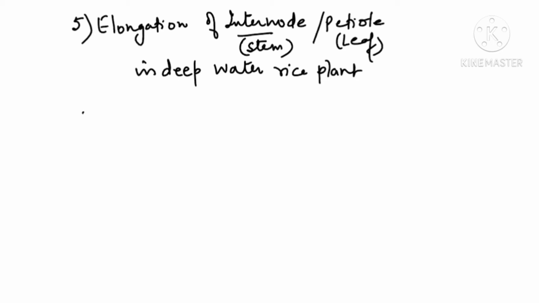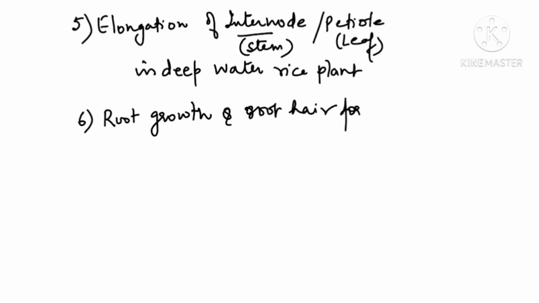Now next important is root growth and root hair formation. Is it clear? So lateral root growth as well as root hair growth, both are associated with ethylene. Now focus on one thing, please remember.